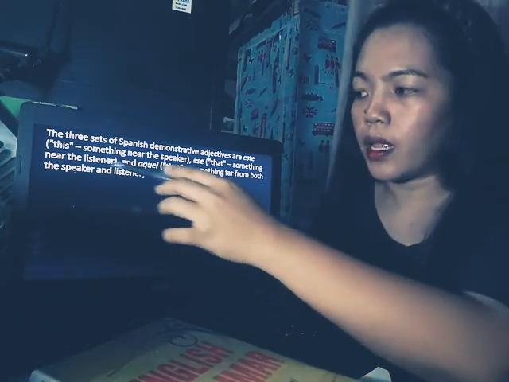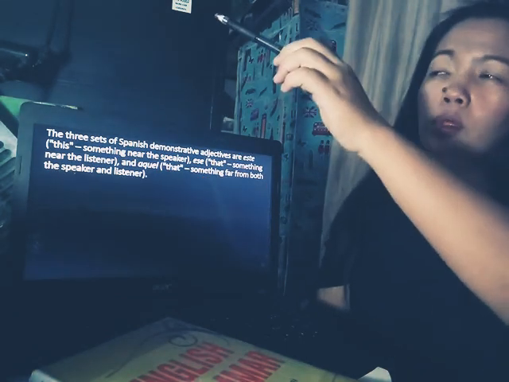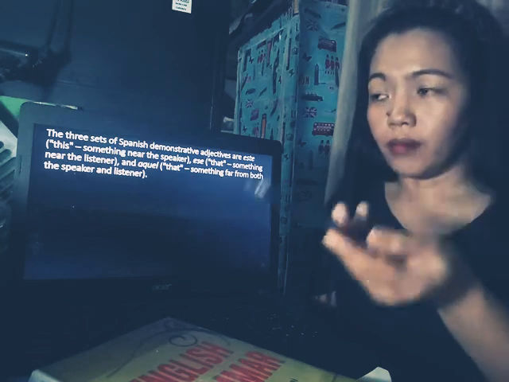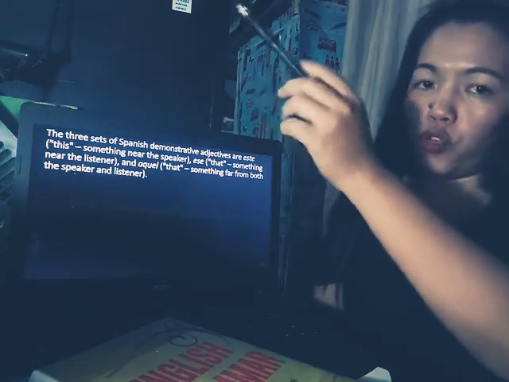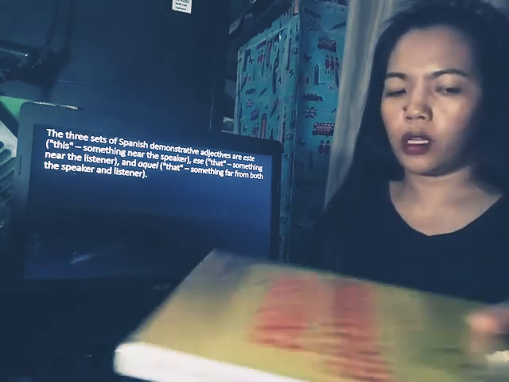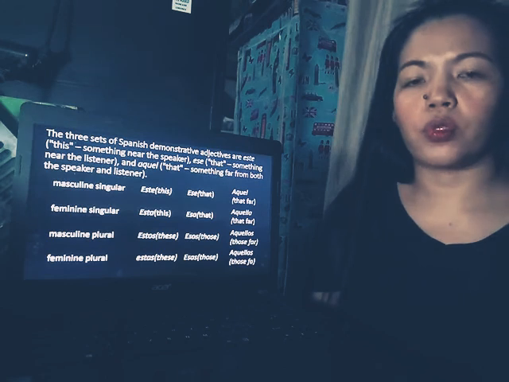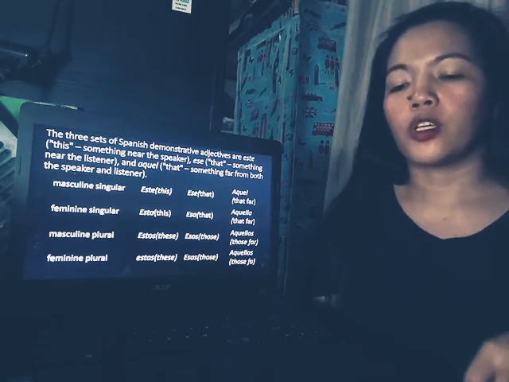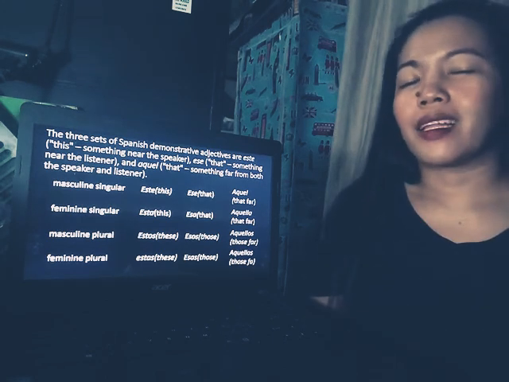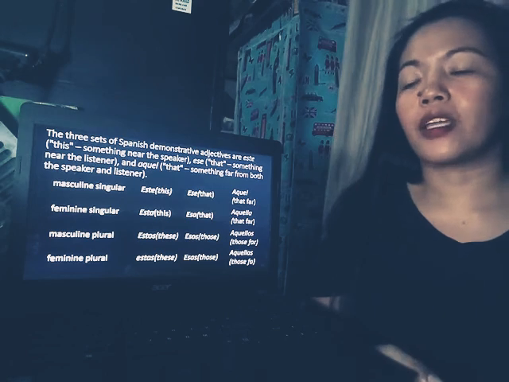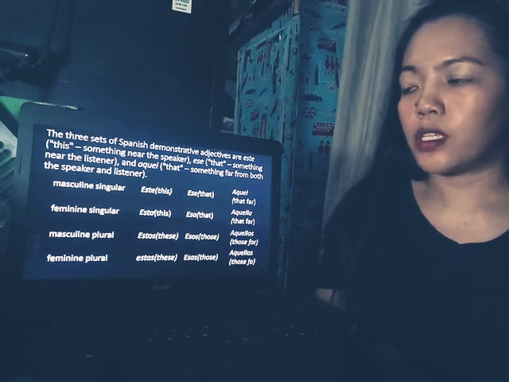For aquel, in Bisaya, katu, something far from both of you, and in Tagalog yun. Let's focus on Spanish here. I just want to use Bisaya, Tagalog, and English so that it is clearer and easier for you to understand.